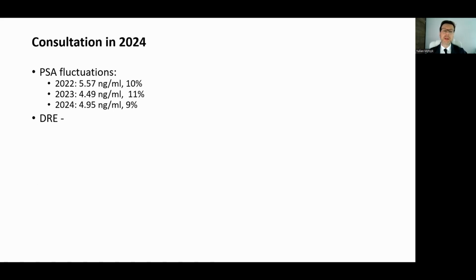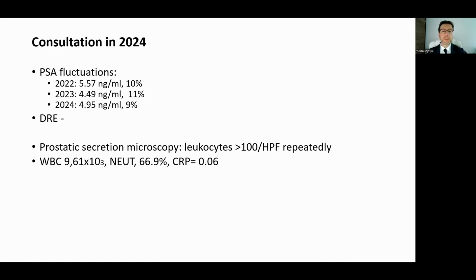Also, in this patient, PSA fluctuations were observed. In 2024, the PSA was 5.57 and the percentage PSA ratio was 10, and in 2024 the PSA was 4.95, with an even lower PSA ratio and a negative digital rectal examination.